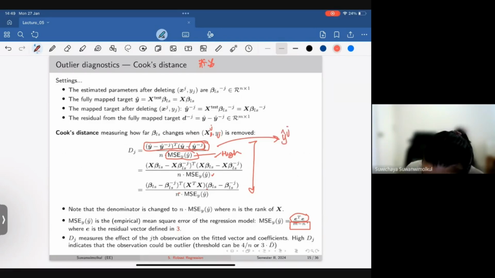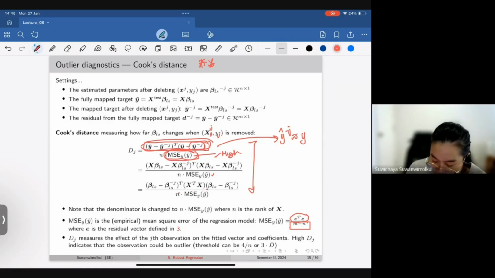Okay, I will just fix y hat there, and we say, what if our yj after we remove the outliers is something that is close to our measurements? That means that whatever the errors that we have here should be something that is as large as here.